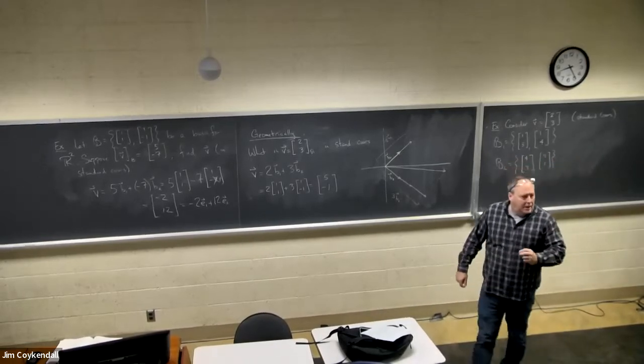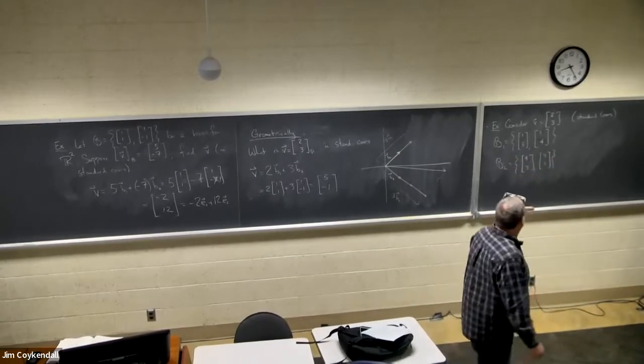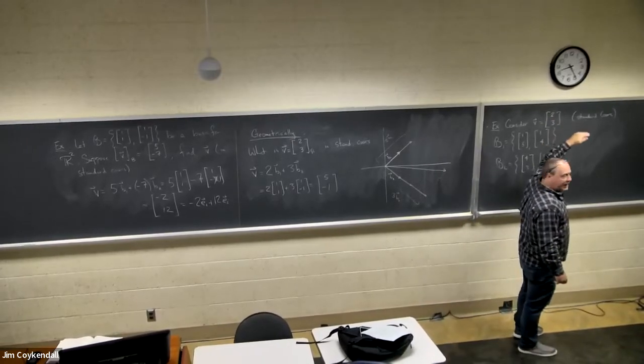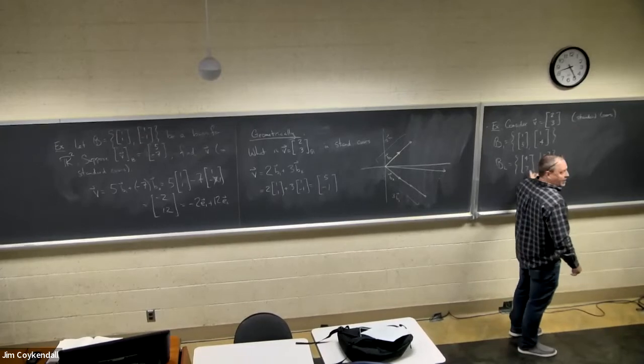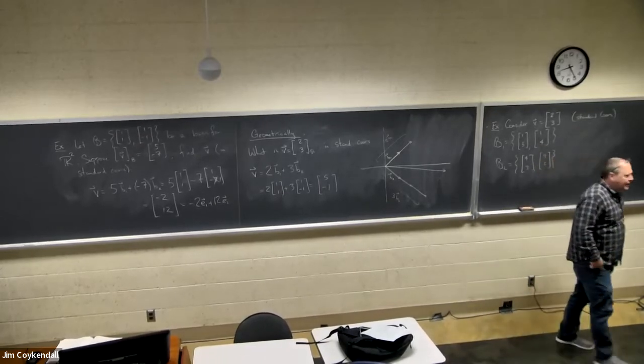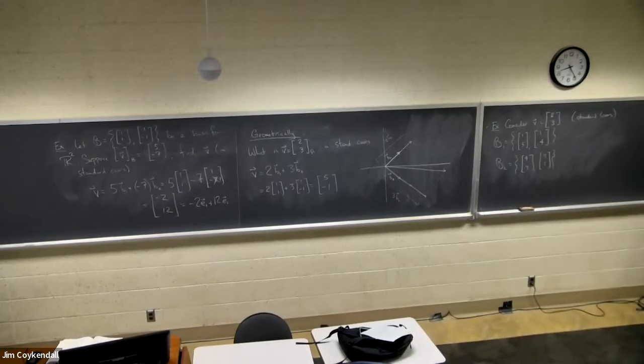But here's what I want to do. I want to take my original vector here, my standard (2, 3), and I want to express this in terms of this. How do I do that? It was easy enough to go in the forward direction, but how do I go in reverse?